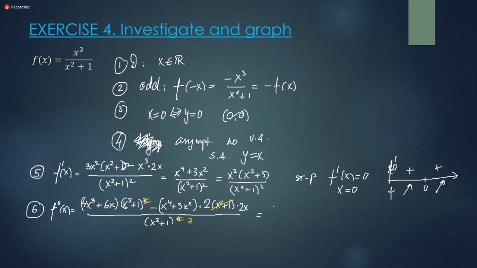So now we have 4x cubed multiplied by x squared, 4x to the fifth, plus 6x squared plus 4x cubed plus 6x. I open these parentheses at this moment. Now minus, opening the other pair: 4x times x to the fourth is 4x to the fifth, and 4x times 3x squared is, of course, again negative, 12x cubed.